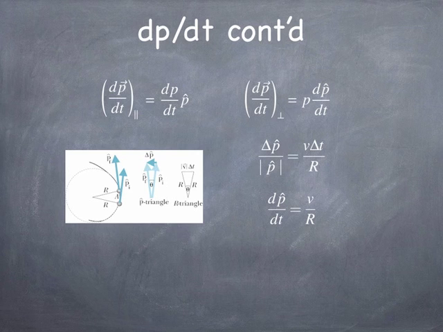So what that says is that the magnitude of dp hat/dt is always just the velocity of the particle divided by the radius of curvature. And there's nothing specific to low speeds about this. So this is actually even true at relativistic velocities.